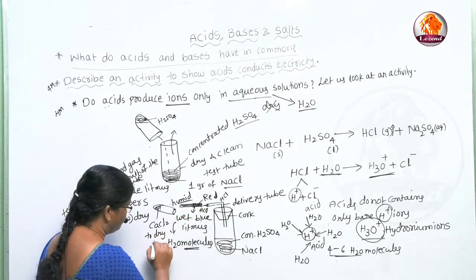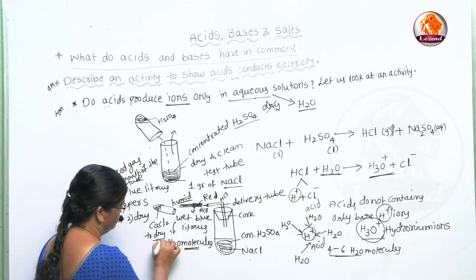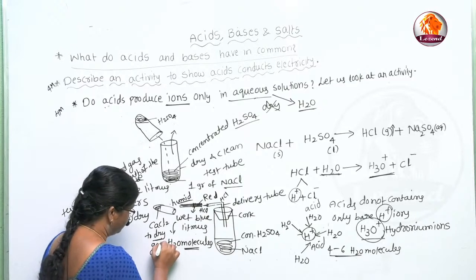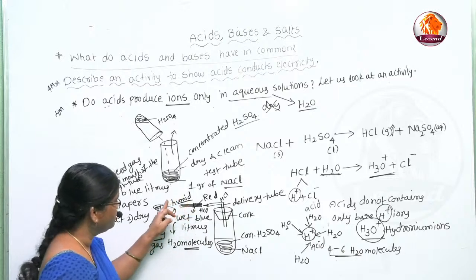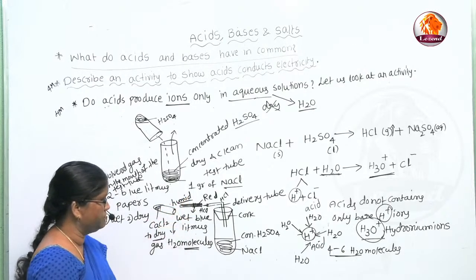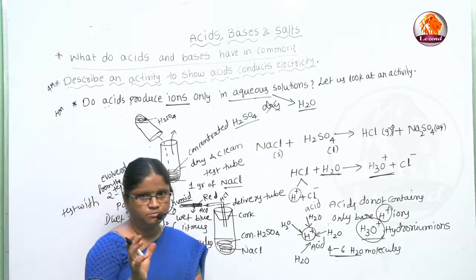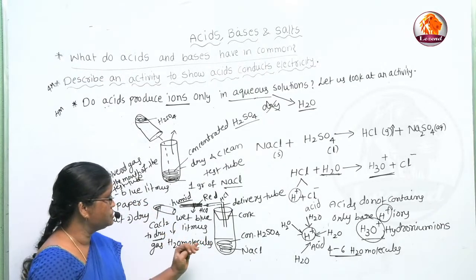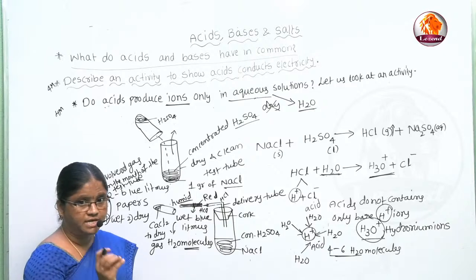Why do we send the evolved hydrogen chloride gas into it? To make the evolved gas dry. If the atmosphere is more humid, we have to take this precaution to perform this activity perfectly. Acids produce ions only in aqueous solutions, not in dry solutions.